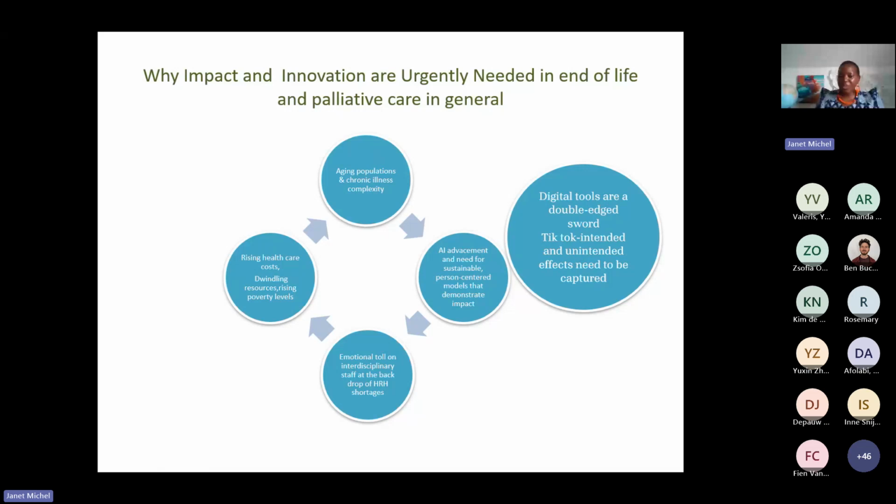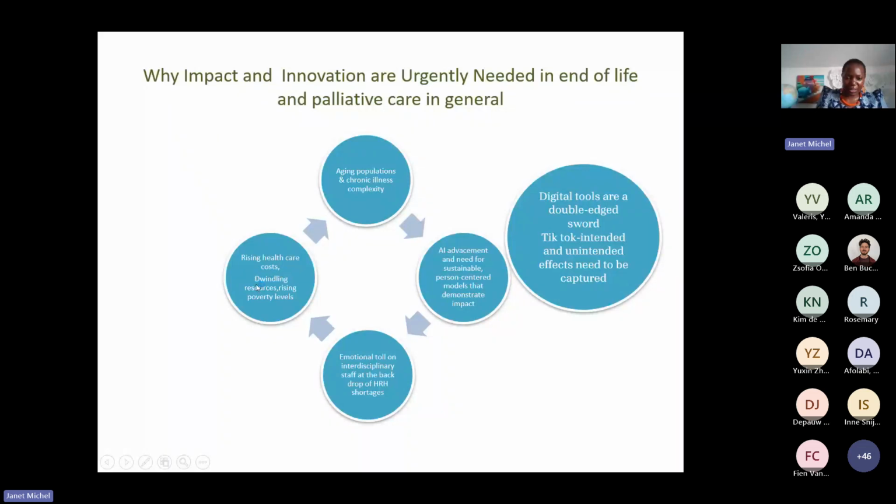They can do good, but they can also do harm, as we have seen with TikTok. And then you also have this emotional toll and a human resources for health shortage that is here now, but also projected. We will have an 11 million human resources shortage by 2030. So what interventions help to ameliorate this and ensure positive patient impact?